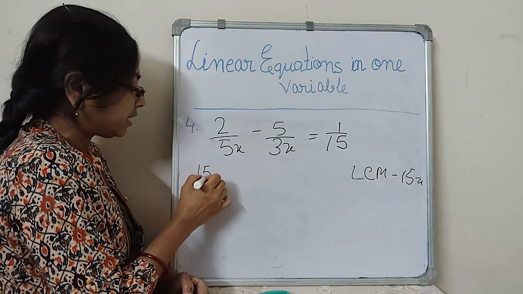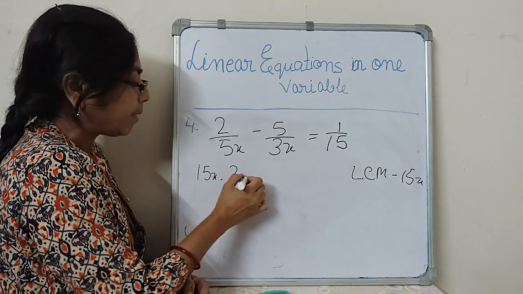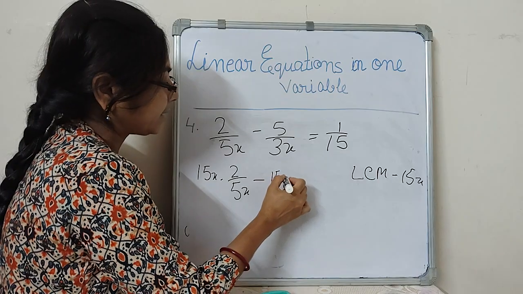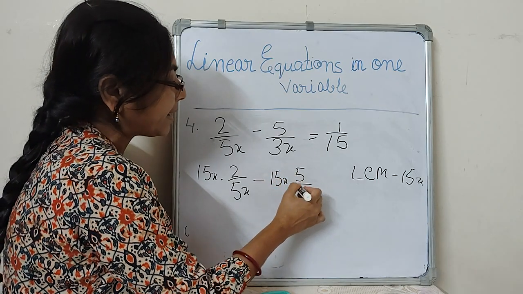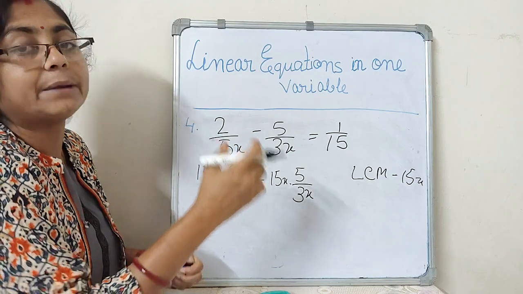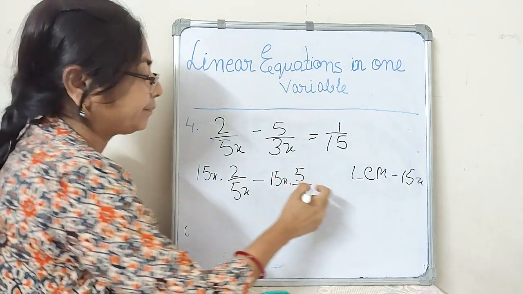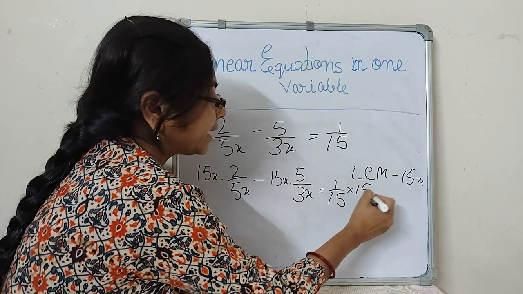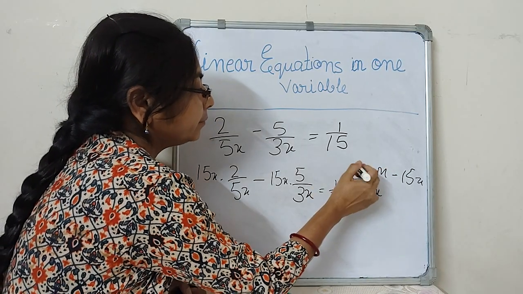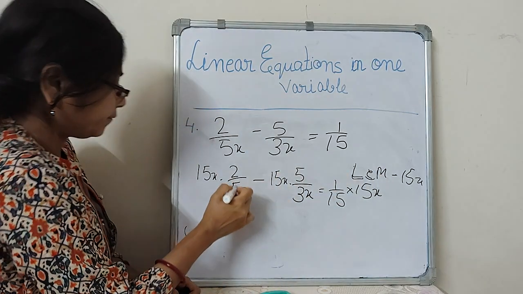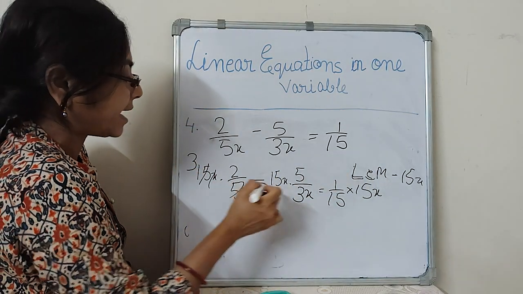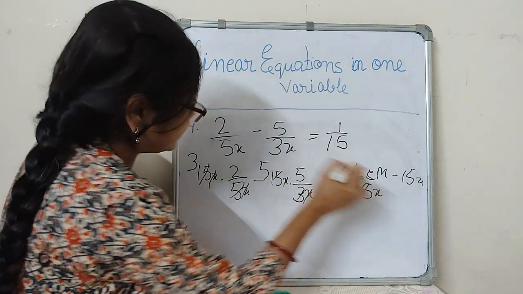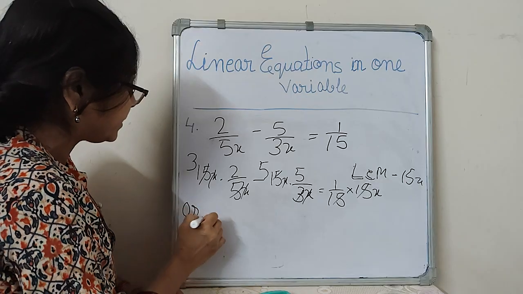You write 15x into 2 by 5x minus 15x into 5 by 3x, and you multiply every number by the LCM, equal to 1 by 50 into 15x. Now make it simple. It is 3, x cancel. It is 5, x cancel. And it is x.